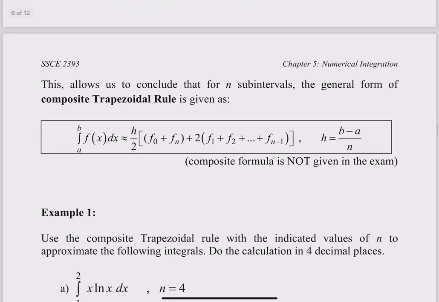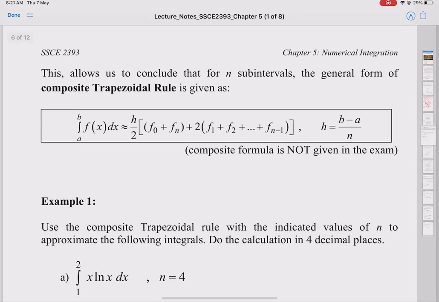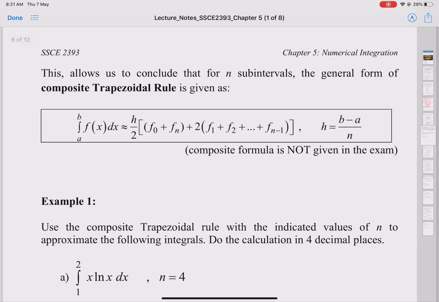Or in general, with n sub intervals, you will get this formula. For the first and the last, you don't need to do anything, but for the inside intervals you need to multiply by 2.